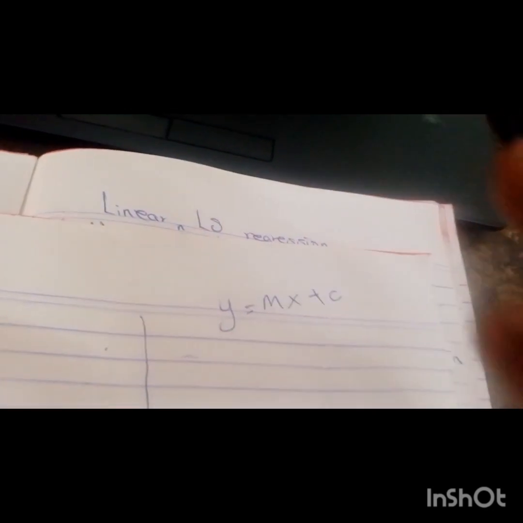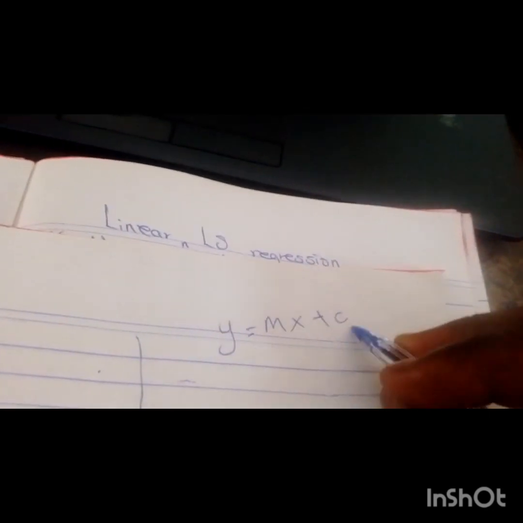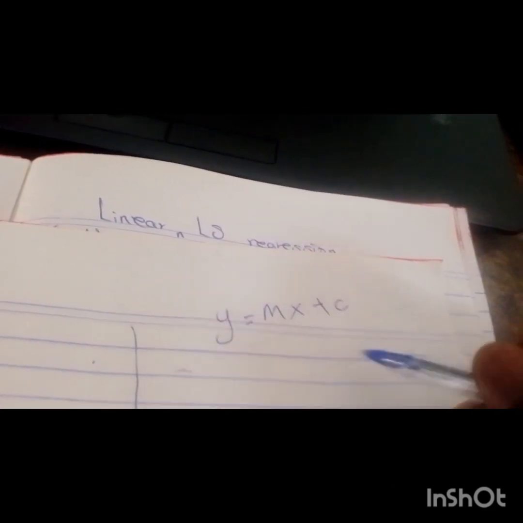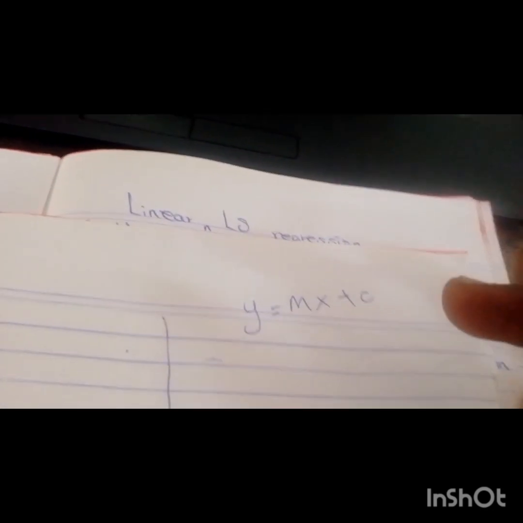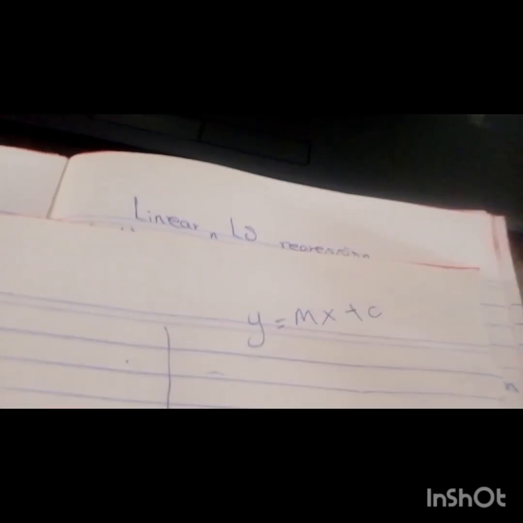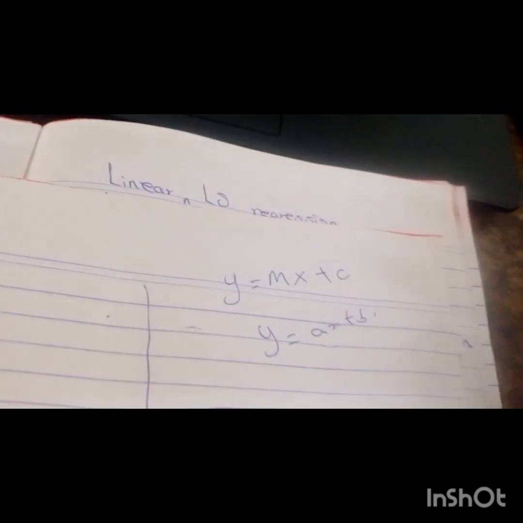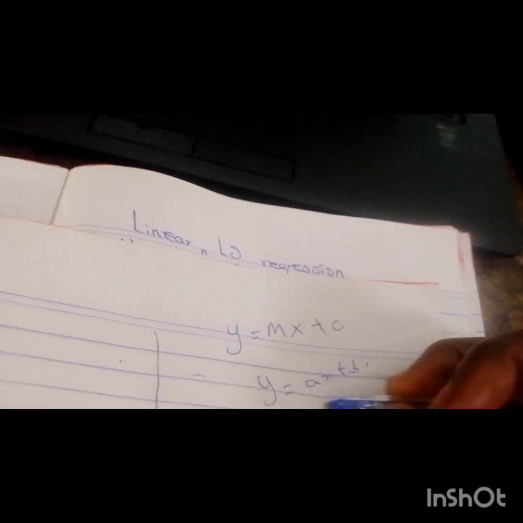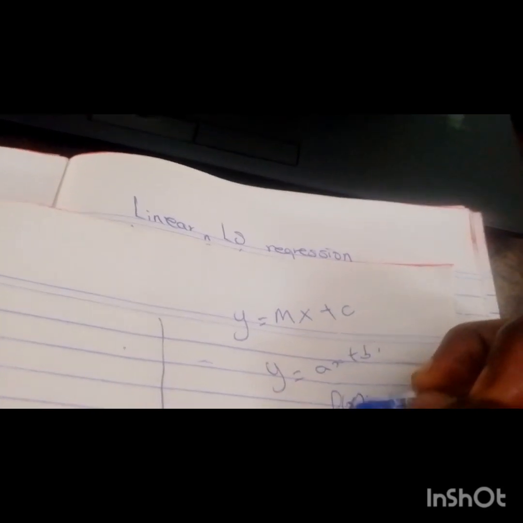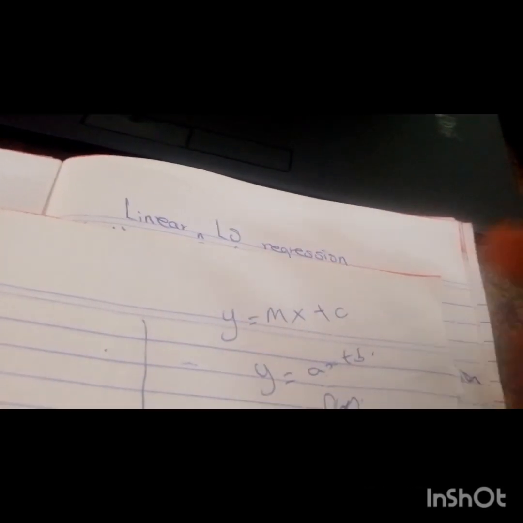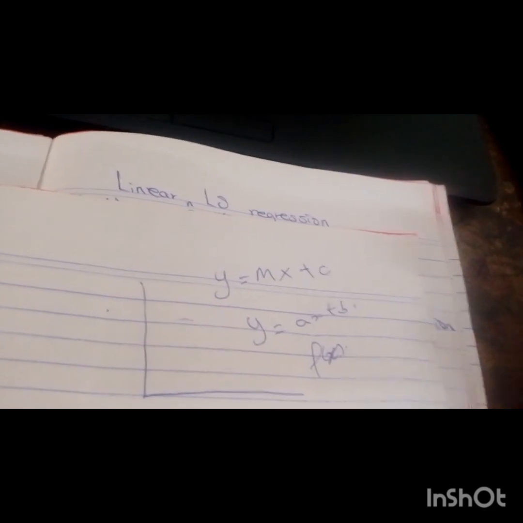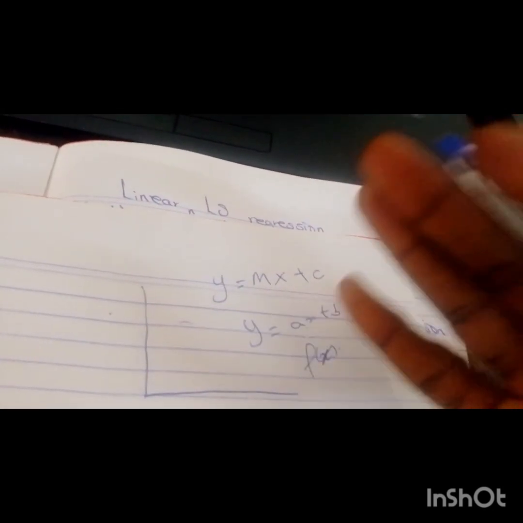Once they tell you it's linear, then y equals mx plus c, which is just a straight line. Now let's say we have a function y equals ax plus b, which is not different from that. And then we have some estimate somewhere, either this is the estimate or this is the real one, it still works. Now we want to find the difference between these two.